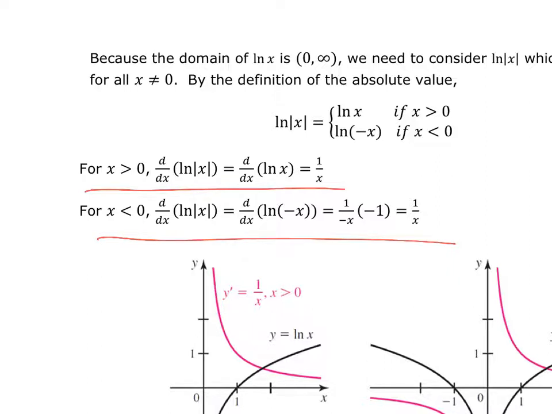Yes? So the reason I have to do the absolute value of this is because I can find the natural log of a negative number, because it's the negative of a negative. So I have to consider what's on the left side of my y-axis, and I have to consider what's on the right side of my y-axis.